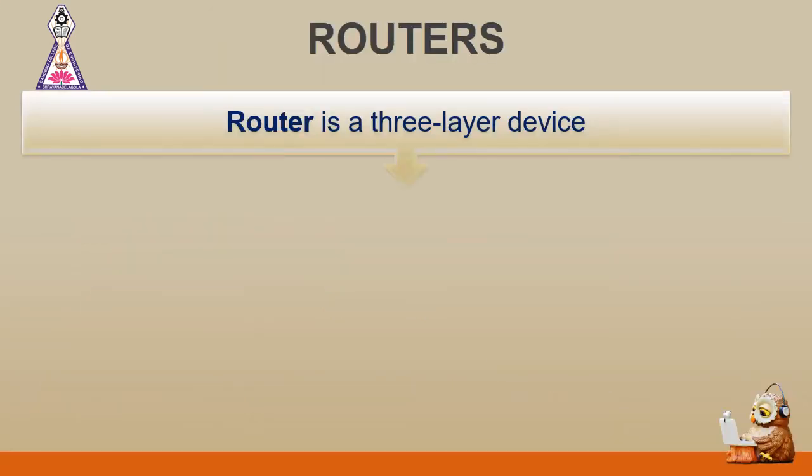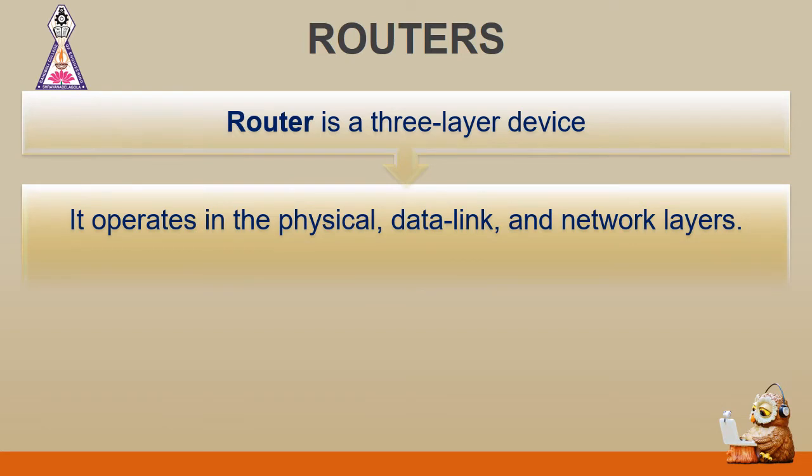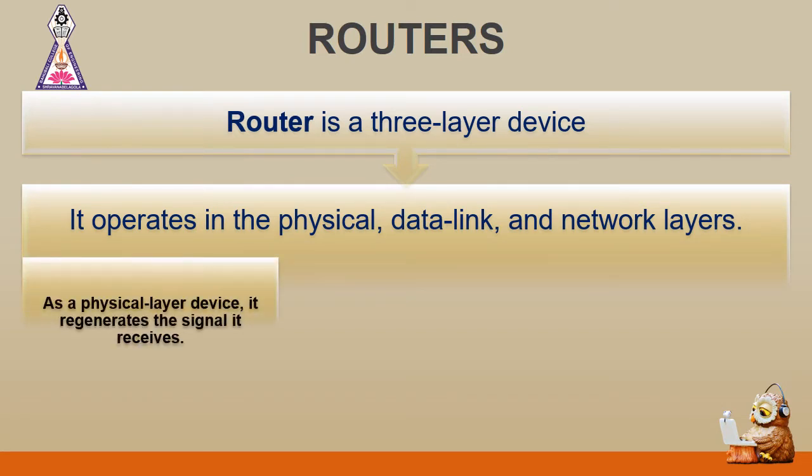A router is a three-layer device, operable at the physical layer, data link layer, and the network layer. Since it is operational at three different layers, as a physical layer device, your router operates as a hub, wherein it regenerates the signal it has received.